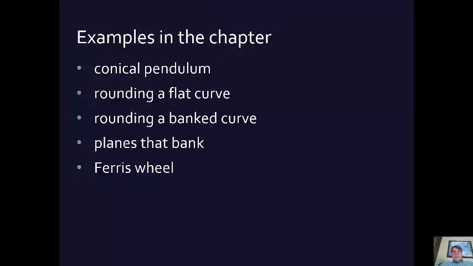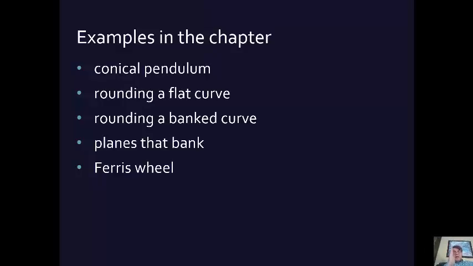And then the final example in this section is a Ferris wheel, where at the top of the Ferris wheel you have the normal force pointing up, and then at the bottom you have the normal force pointing up. And so you actually have a larger apparent weight at the bottom of the Ferris wheel than you have at the top of the Ferris wheel.